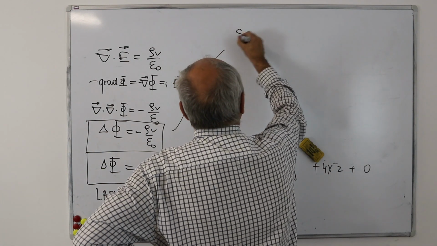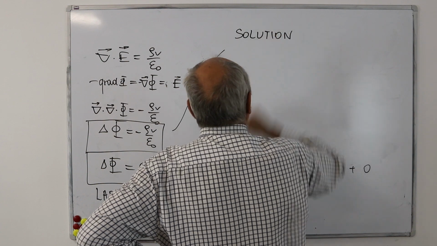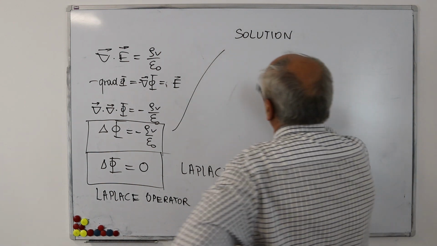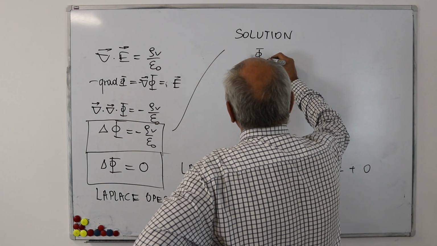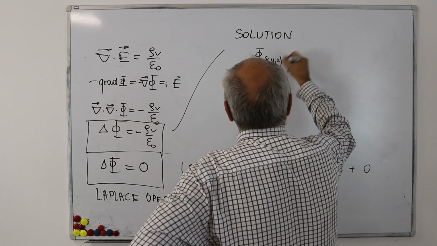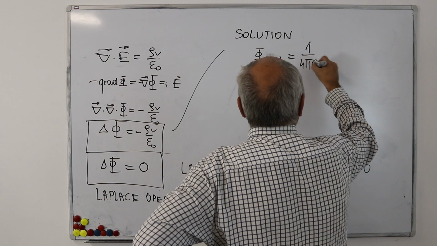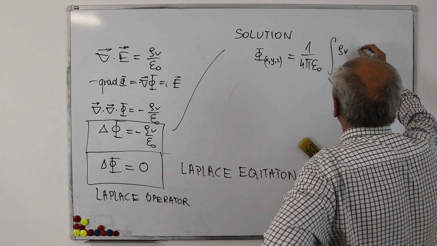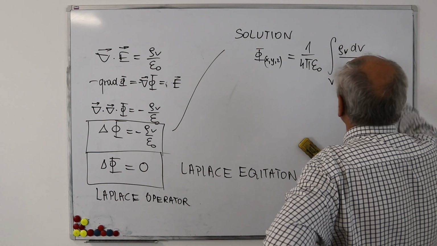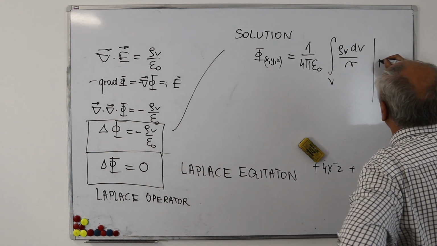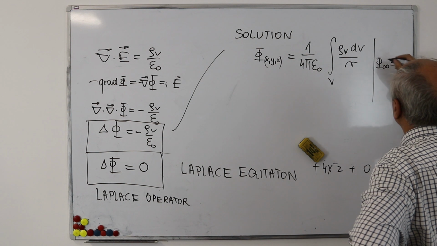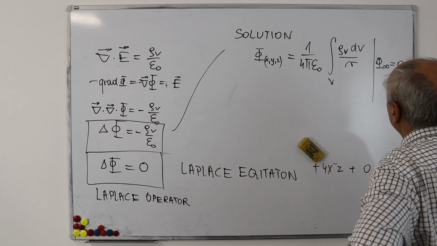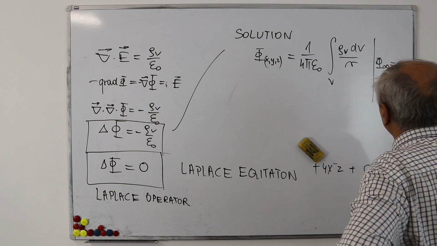So the solution of the second order differential equation is a potential at the point x, y, z. The reference point is at infinity, and the potential at the reference point is equal to 0.